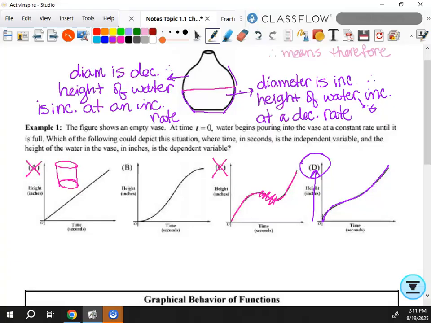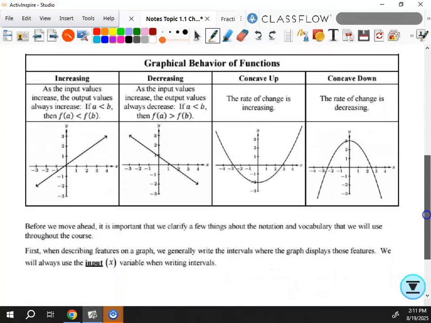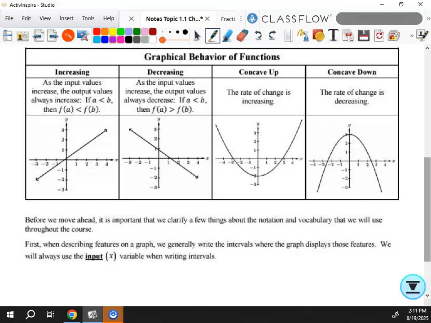Okay. Let's look at this graphical behavior of functions. Now remember, when we are identifying things about the function, we will also talk about the rate of change. But when we're talking about the function, if we have a graph, we can look at it. We won't always have a graph, but we're looking at what's happening to the output values.